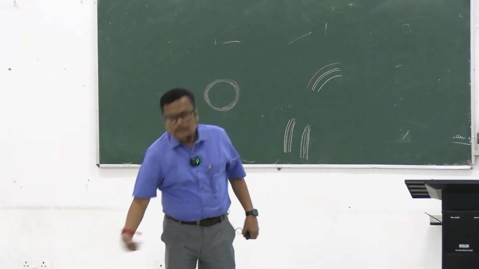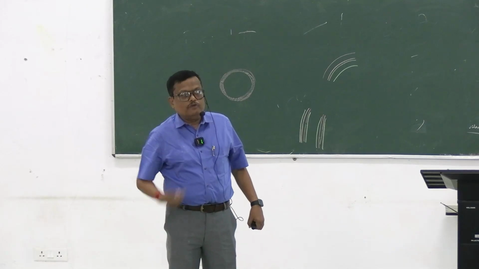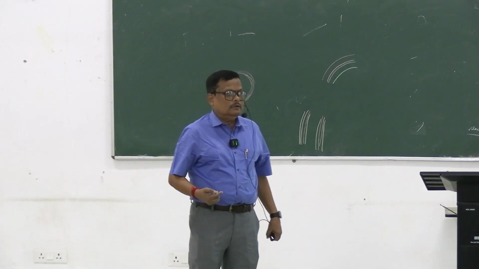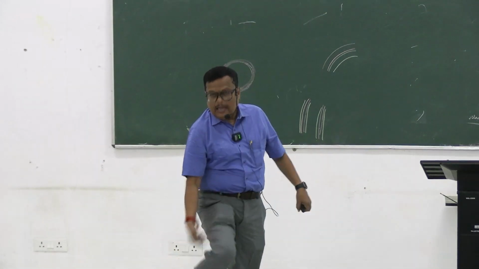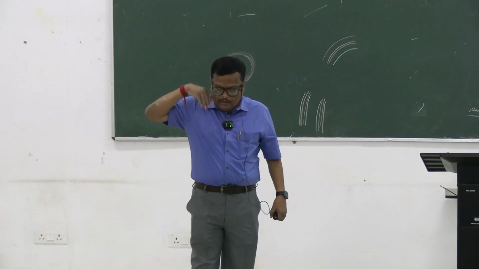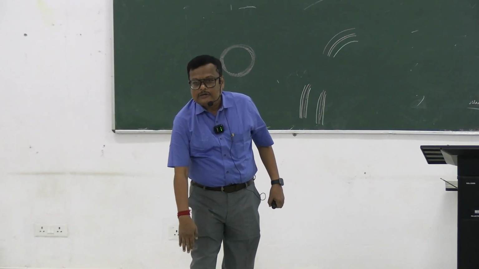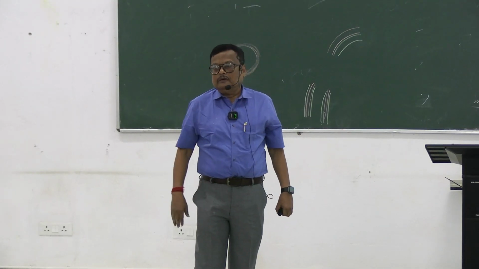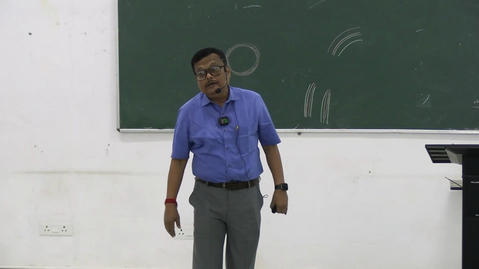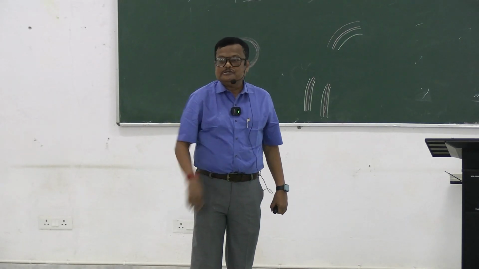But in case of a vein, it is going anti-gravity. Look, anti-gravity. And in the artery it is mainly towards gravity. Gravity also helps to flow the blood. But here it goes against gravity. So more power is needed.